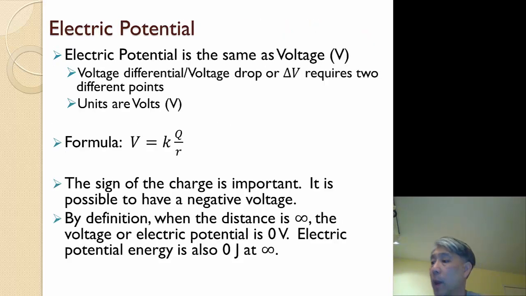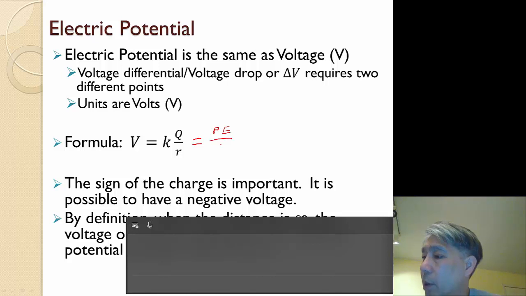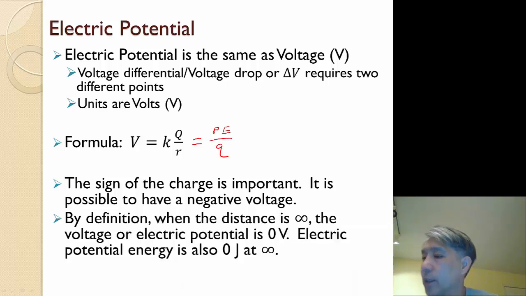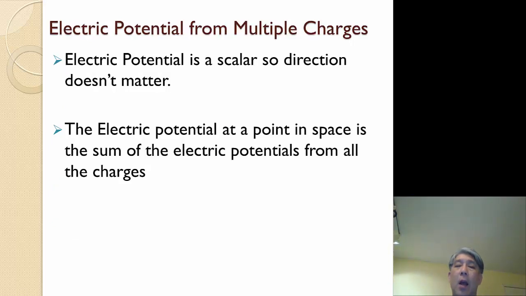Another way to think of it is that my potential would be the potential energy per unit charge, Q. I could take a small point charge, put it there, and measure what the potential energy would be at that spot.